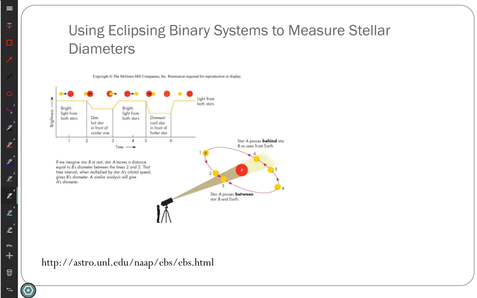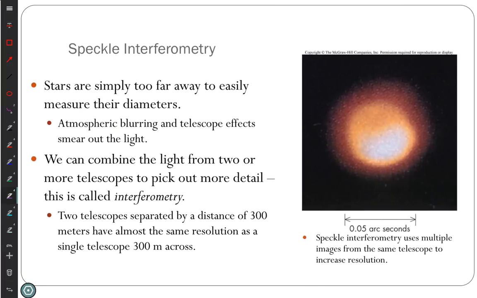And so looking at the size of the dips, they can determine which one's in front. Looking at the time for the eclipsing, they can determine relative sizes. Just like you saw in lab, if it's an eclipsing binary, they can actually get all of the data and determine the mass information. If it's not eclipsing, they can only determine that the mass is at least greater than some value.